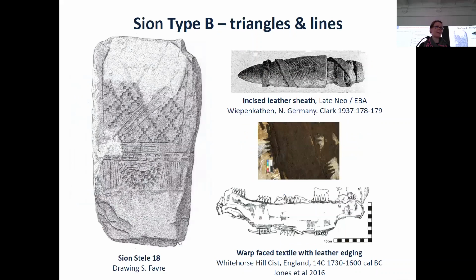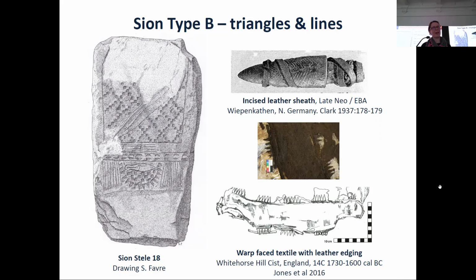But of course, we mustn't forget that we're looking at stone representations here, and the range of materials could be much wider. Where we have preserved leather, we can also find decorations such as incisions on the leather surface with this dagger sheath from Wiepenkarden, or even leather cutwork cut into the triangles along the edge of this textile band from southern Britain.